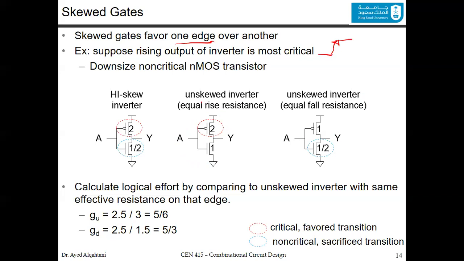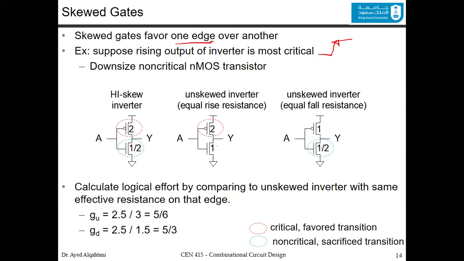This inverter is now called the unskewed inverter, where you have equal rise and fall resistance. So you have the ratio 2:1, as we explained. If you divide this by 2, for both the pull-up network and the pull-down network of the inverter, you will get 1 and you will get a half.